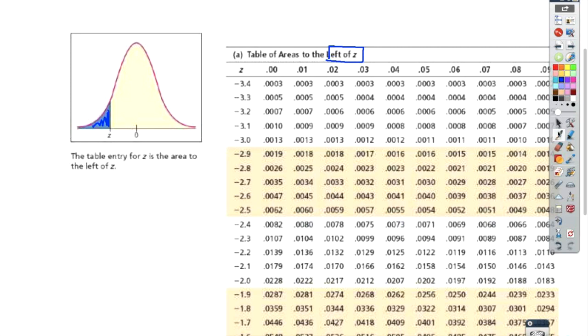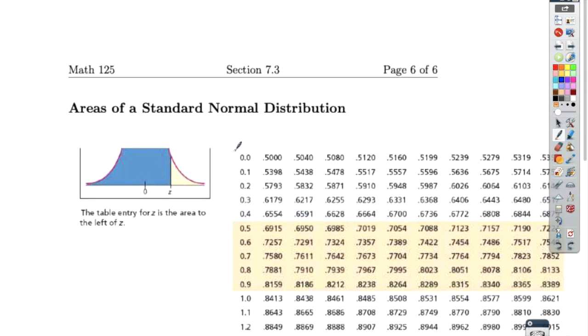Now, before we start, I want you to make one little change on this table. Notice that there's this top row here that says z and then 0.00, 0.01, 0.02, and so on. Before we get started, I just want to copy that exact top row onto the next page because we're going to be using this a whole bunch.